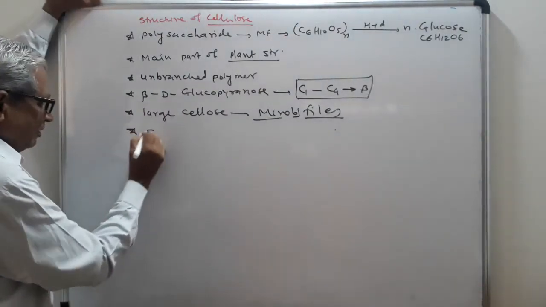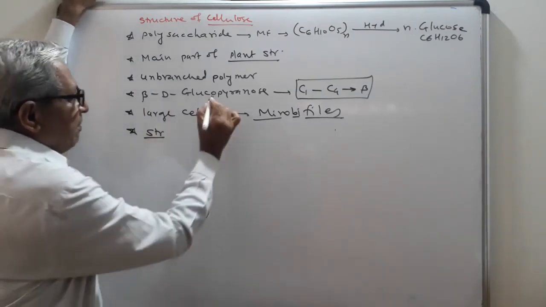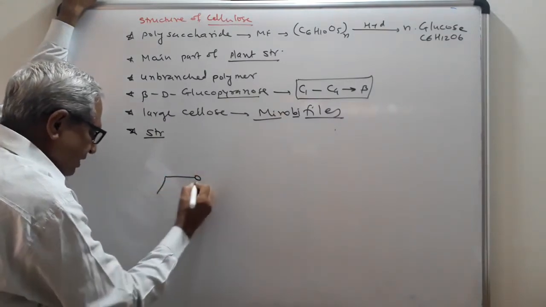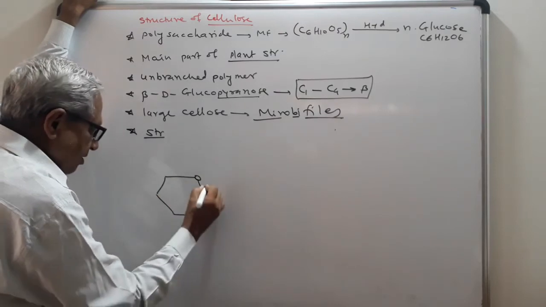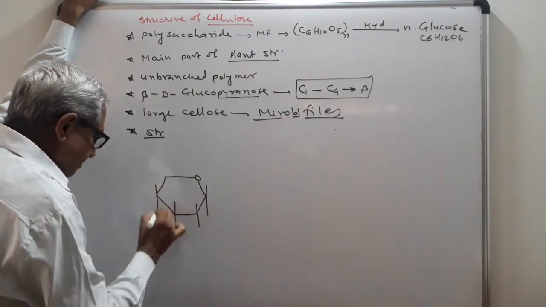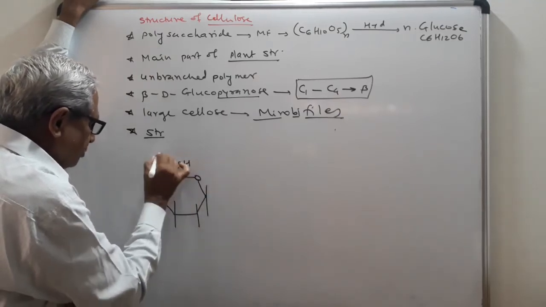Next important point, structure. First draw the structure of pyranose. So this is the structure of pyranose. 6-member ring containing oxygen atom. Carbon number 1 is the anomeric carbon. Indicate the carbon number 6 at the left hand side top.